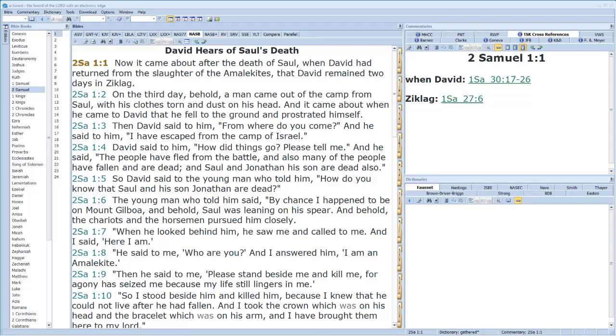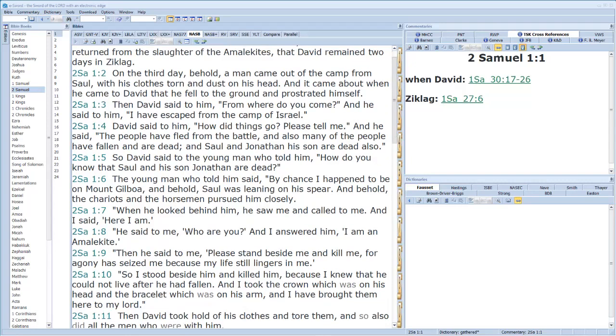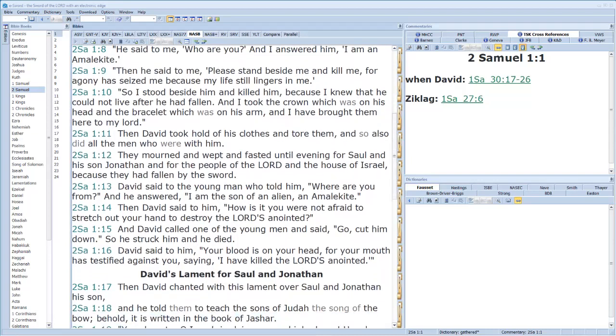And I answered him, I am an Amalekite. Then he said to me, Please stand beside me and kill me, for agony has seized me, because my life still lingers in me. So I stood beside him and killed him, because I knew that he could not live after he had fallen. And I took the crown which was on his head and the bracelet which was on his arm, and I have brought them here to my lord.'